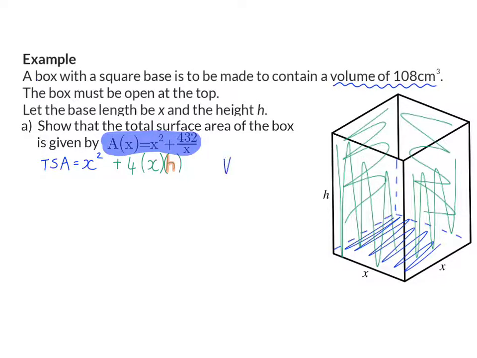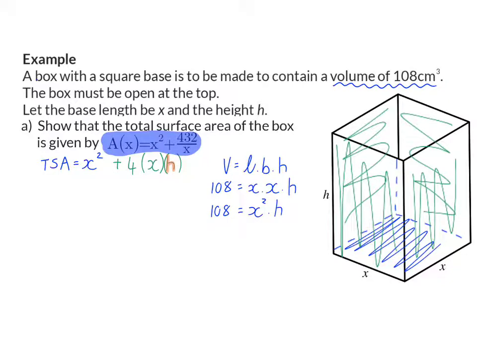So if I want to determine the volume of this figure, I know that it is length times breadth times height. And in this case, they told us that the volume has to be 108 centimeters cubed. Our length as well as our breadth is given as x, and our height is h. So we have 108 is equal to x squared times h.